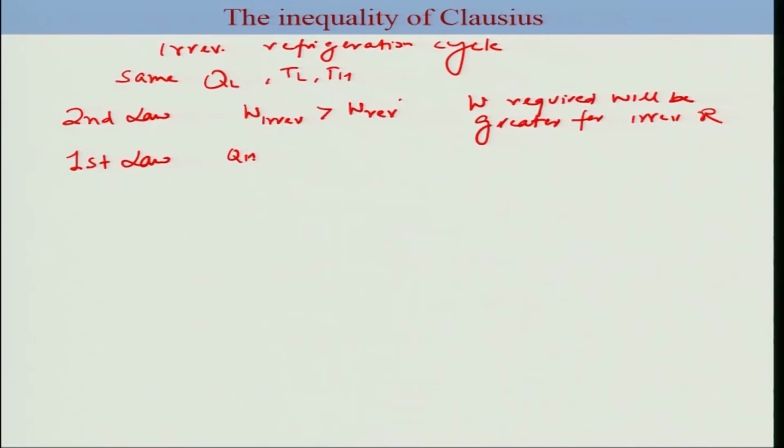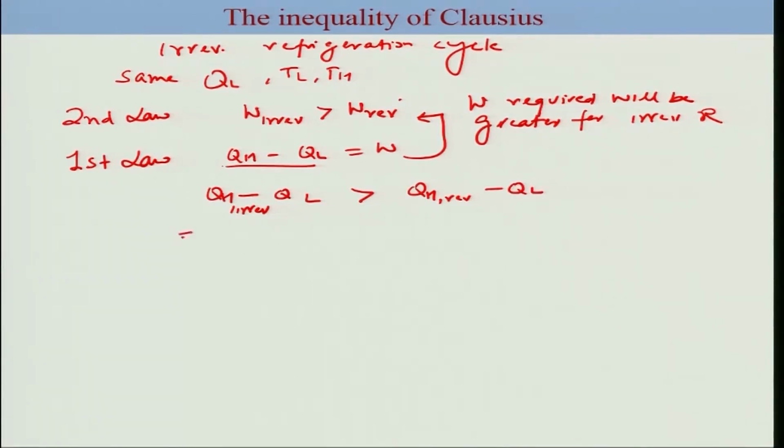The first law tells you that QH minus QL is nothing but W. You apply this for both reversible and irreversible because it is true for both. So QH irreversible minus QL should be greater than QH reversible minus QL. This essentially means QH irreversible is greater than QH reversible.